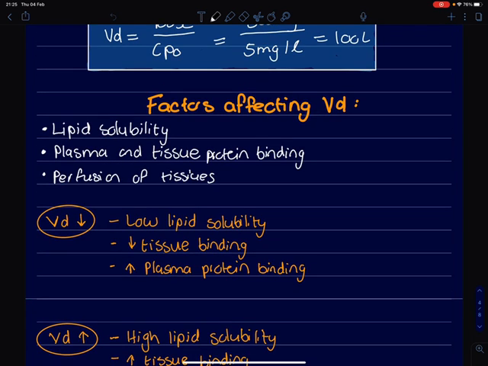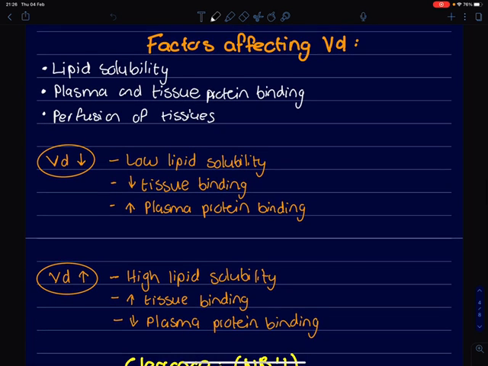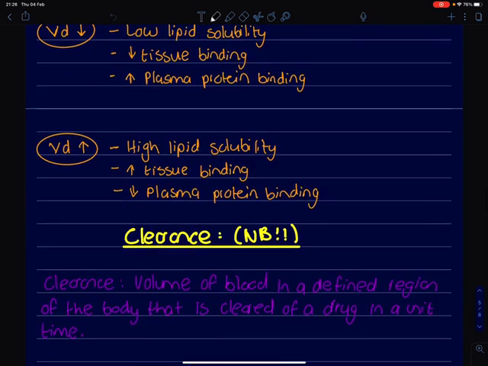The factors that affect volume of distribution are, the biggest one, lipid solubility, then plasma and tissue protein binding, and perfusion of the tissue. But this is pretty straightforward.